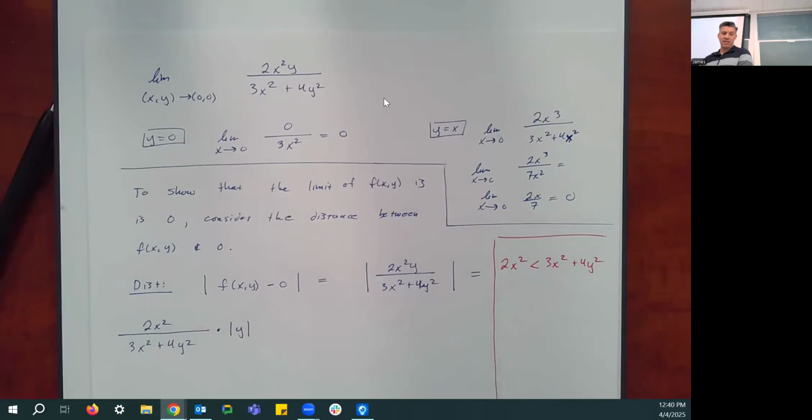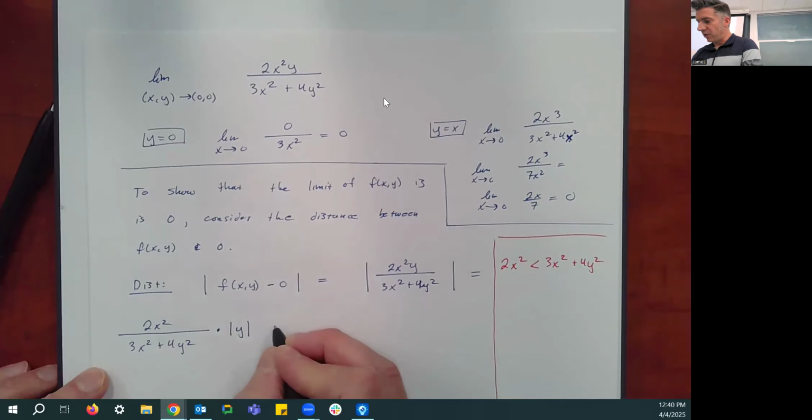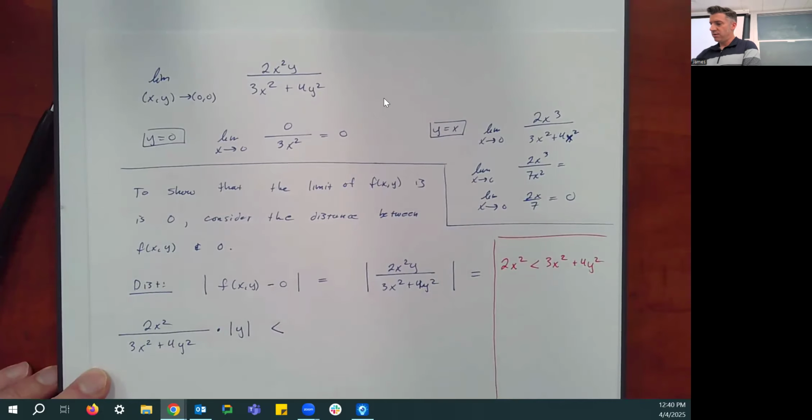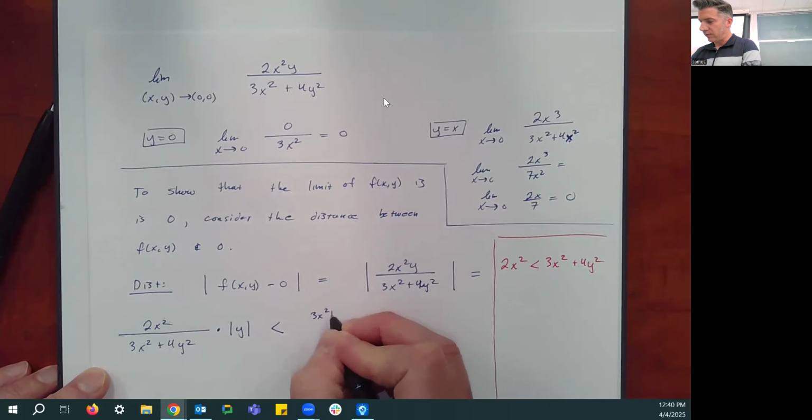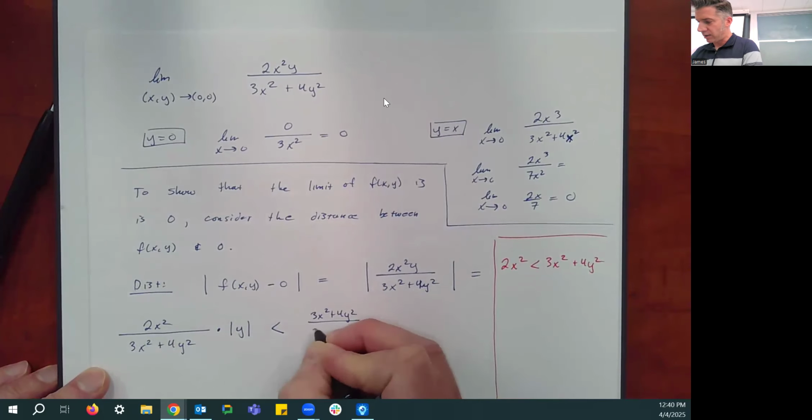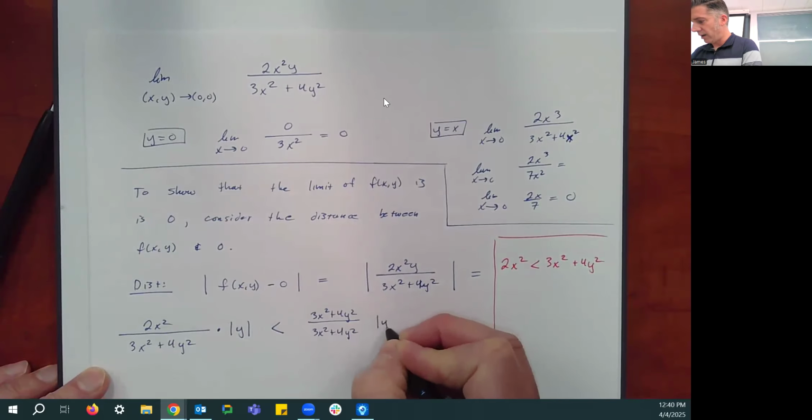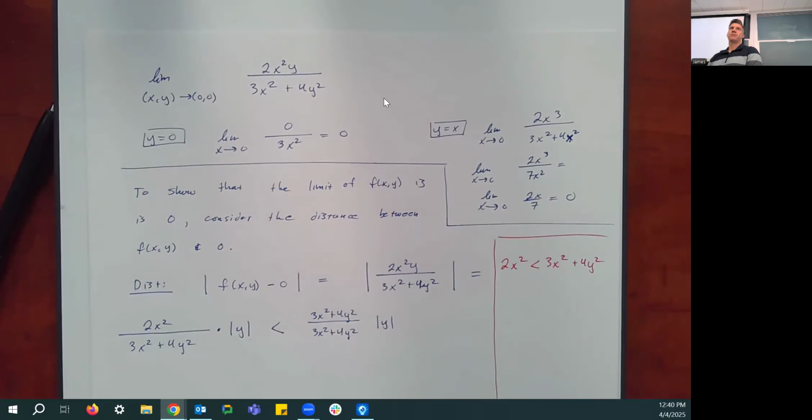And then what we can say is that this expression here is definitely going to be less than 3x squared plus 4y squared over 3x squared plus 4y squared times the absolute value of y. But 3x squared plus 4y squared divided by 3x squared plus 4y squared is 1.